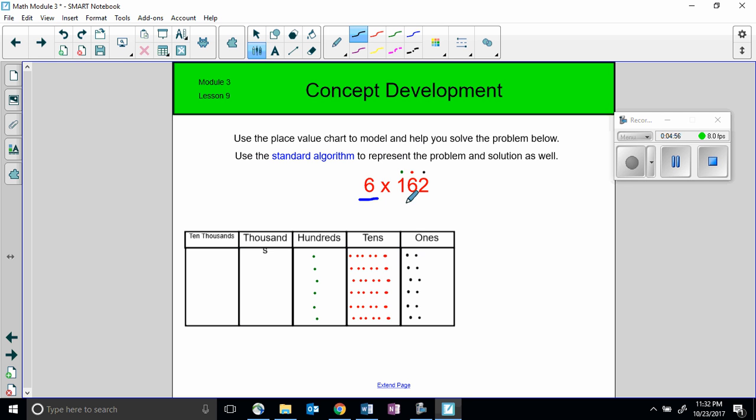So now what I'm going to have to do is go through and figure out how many ones I have, because I can't have more than 9. 2, 4, 6, 8, 10. So this section right here gets an extra dot right there. So that leaves me with a 2 in the ones column.